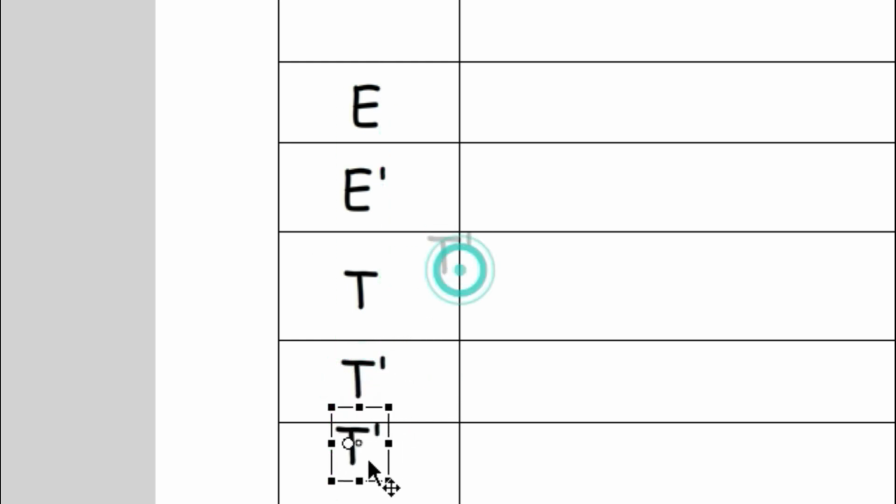So the first one was E, the second one is E dash, the third one is T, the fourth one is T dash, and the fifth one is F. So these are all the symbols. We have to write all of them in this column in different rows.